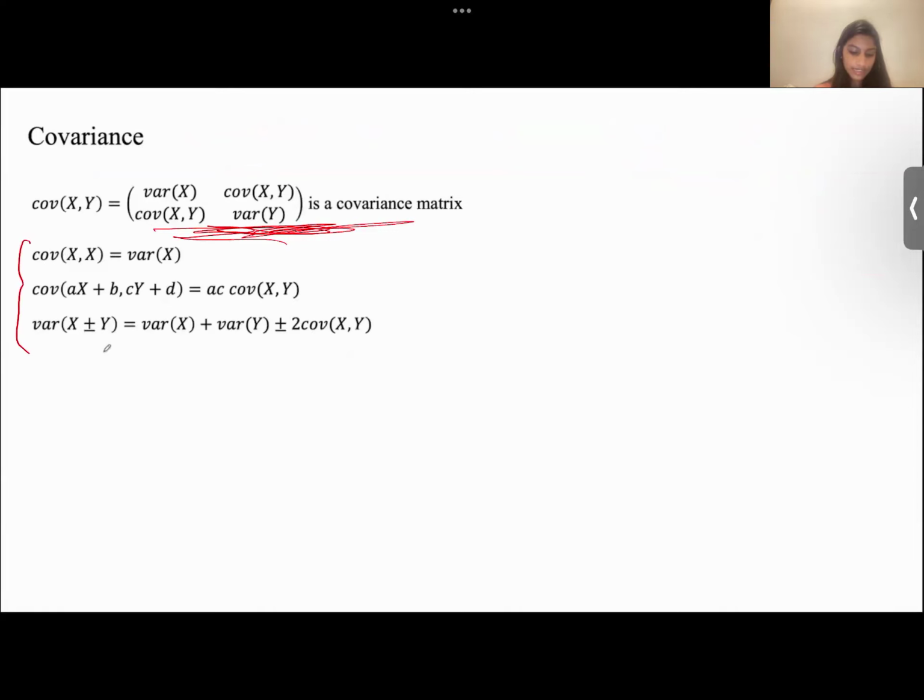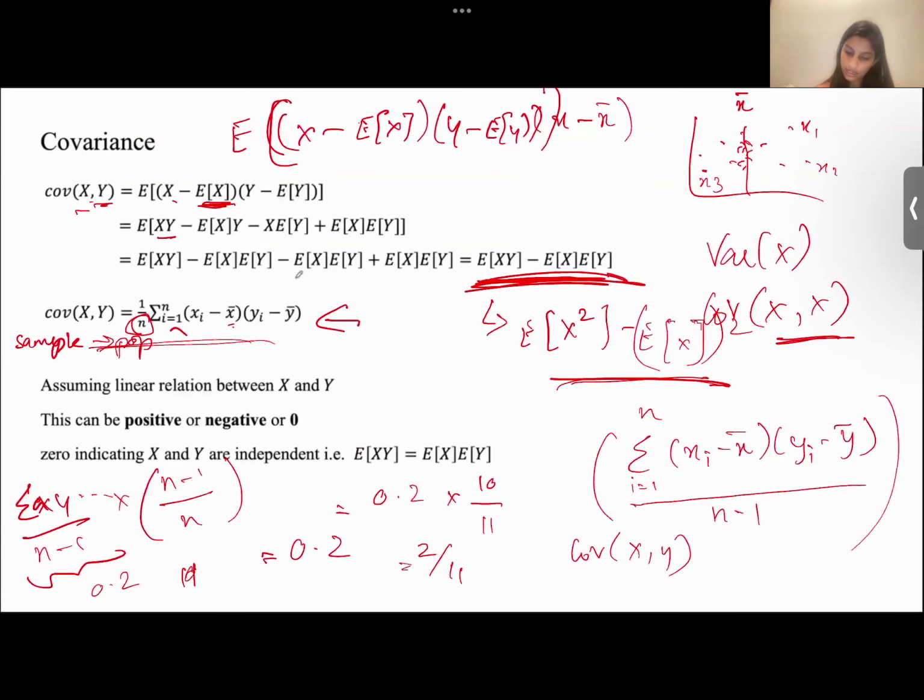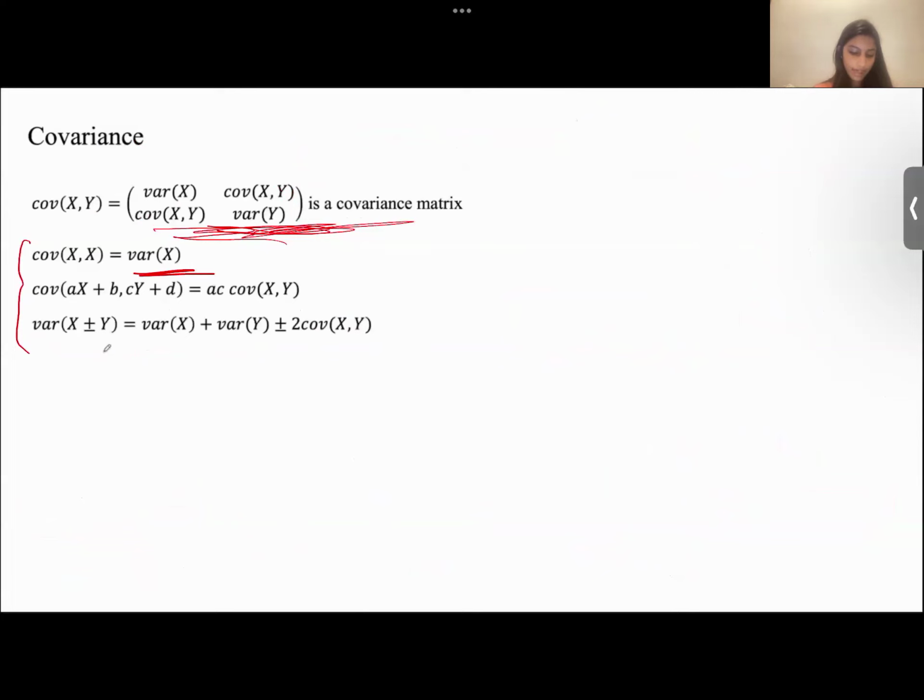Covariance of x, x is basically the variance of x, which we just discussed here. And if you have constant terms, like covariance of ax plus b, you just bring out these constant terms and multiply them.